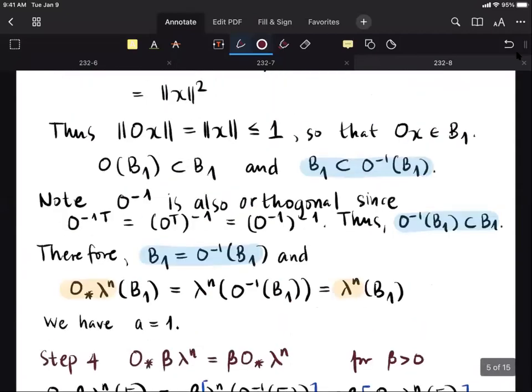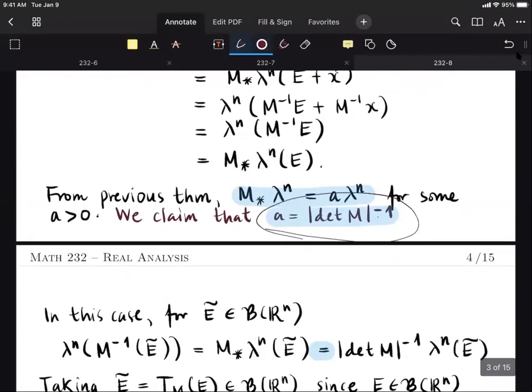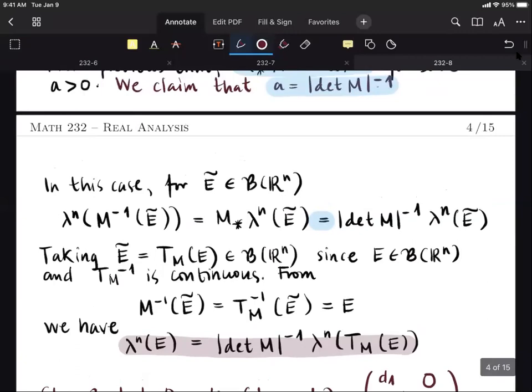Going back to that step, here is this one. And from this, we already explained how to complete the proof of the theorem.